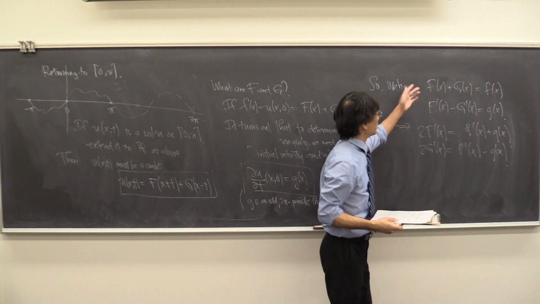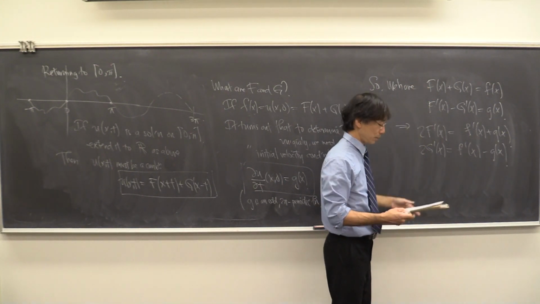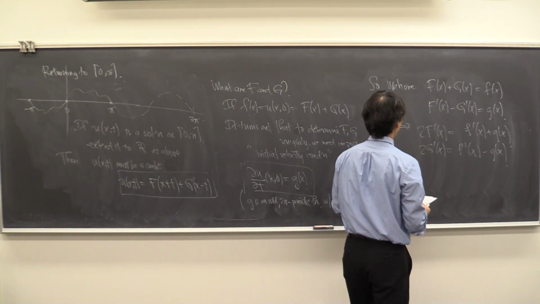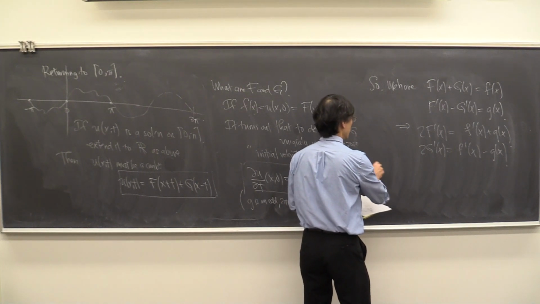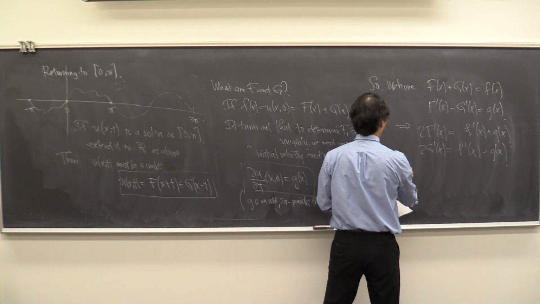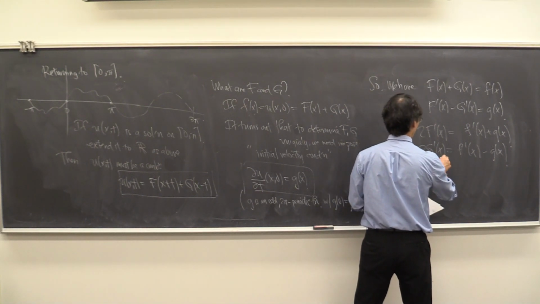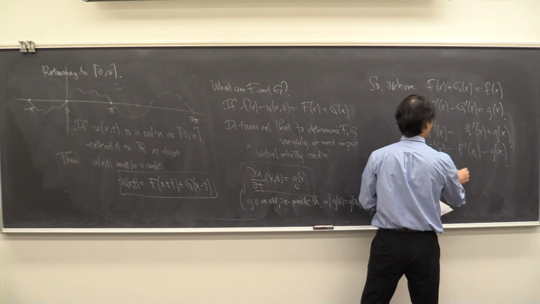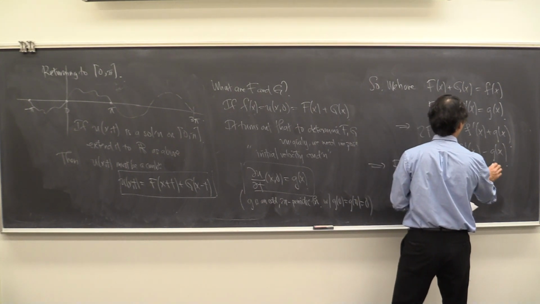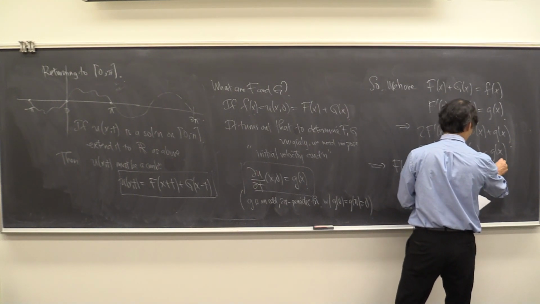So just playing with these two things, we get this. Then just using the fundamental theorem of calculus, you see that F of x has to be 1/2 of f of x plus some antiderivative of g, plus some constant.